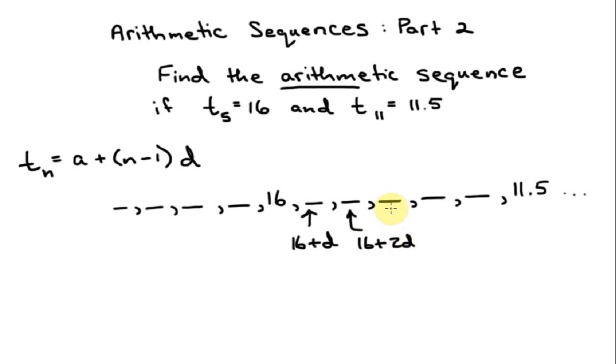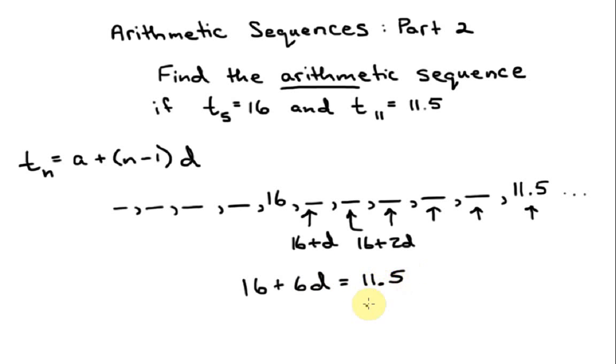I don't have room to write it all, but this would be three common differences, 4, 5, and finally, to get to here, this would be 6 common differences. So in other words, I would have 16 plus 6 common differences, and that would end up equaling 11.5.